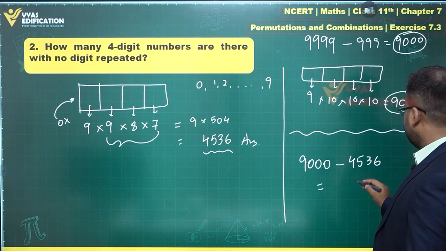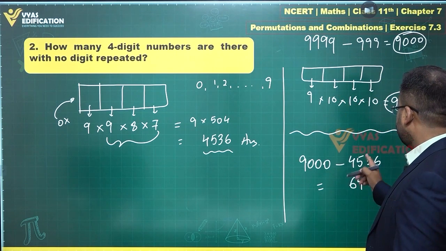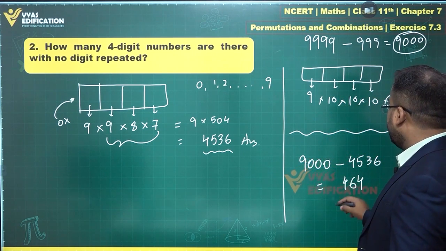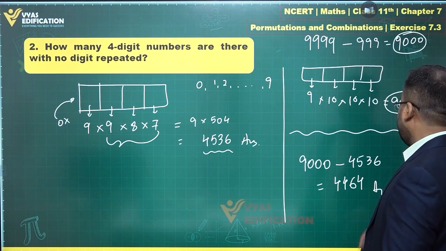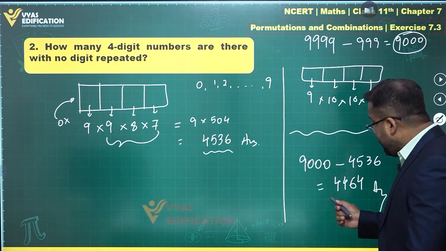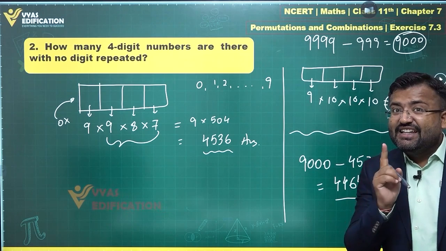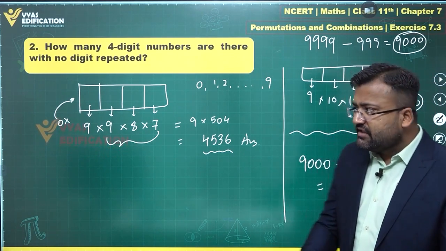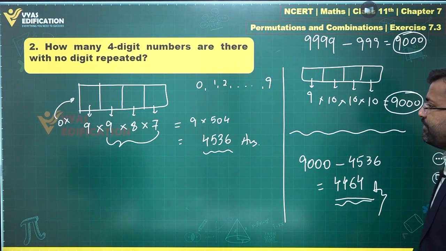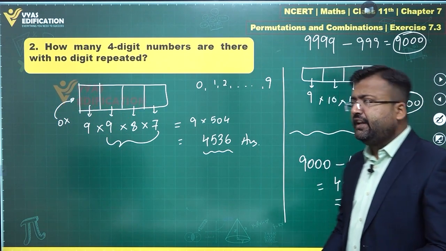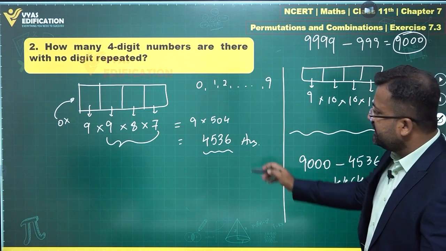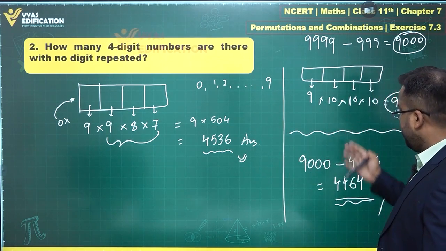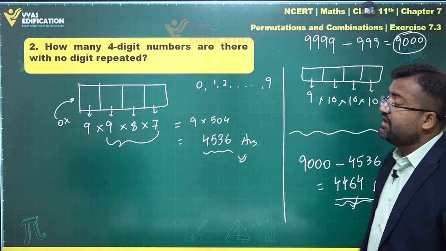You get 4464 as your answer. These many 4-digit numbers will have at least one repetition. Can have more, yes, but at least one repetition is what you will get in this case, right? That's another question based on this. This is what was required over here, and this is what we have seen extra with this question.